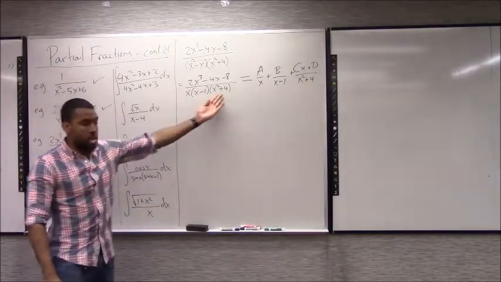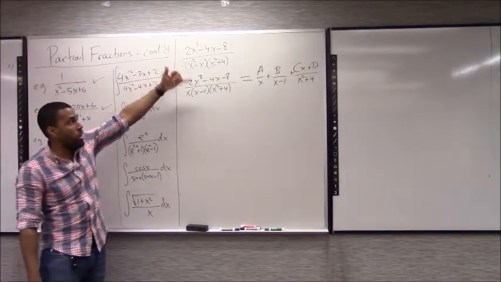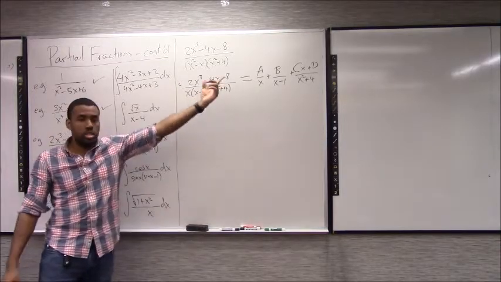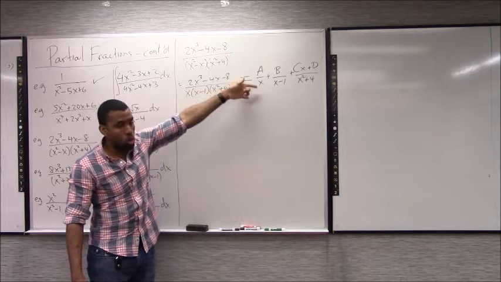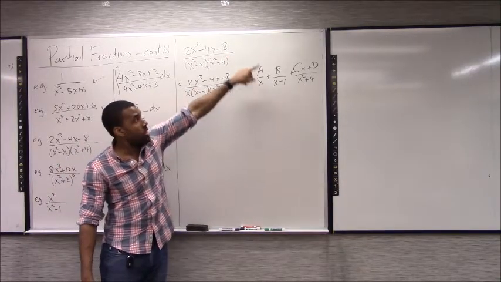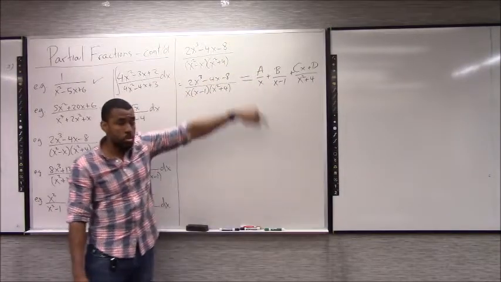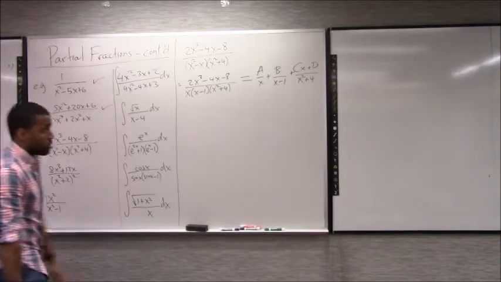Once we have a denominator that's fully factored and we know that the power on top is smaller than the power on the bottom, we start to break it up across the factors in the denominator such that the numerator is a generic numerator that is 1 degree less than the denominator. So the denominator here is a first degree polynomial, so the numerators have to be 0 degree polynomials. If the denominator is a second degree polynomial, the numerator has to be a first degree polynomial.